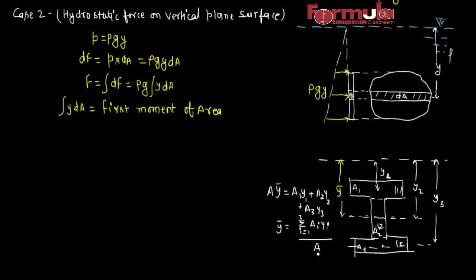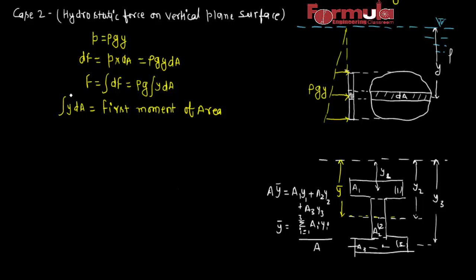So you can see here there is A y bar. A y bar is actually the sum of A1 y1 plus A2 y2 plus A3 y3. Similarly, this integral is the sum of y and dA. There are so many strips of dA, or different areas, and the distance of those strips from this line is different, that is y1, y2, y3 and so on.